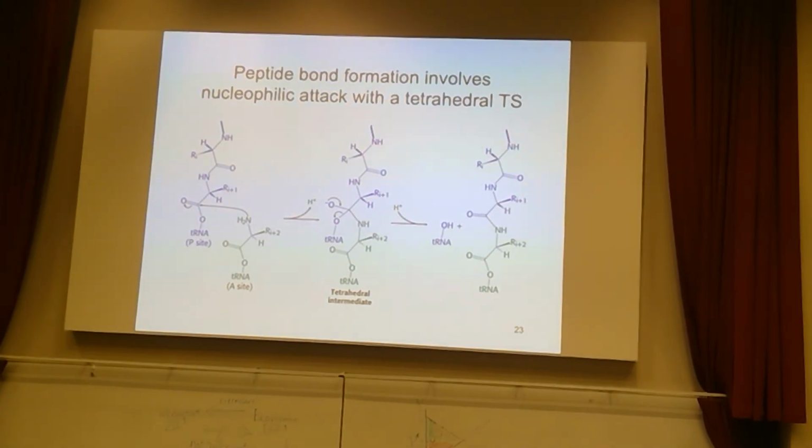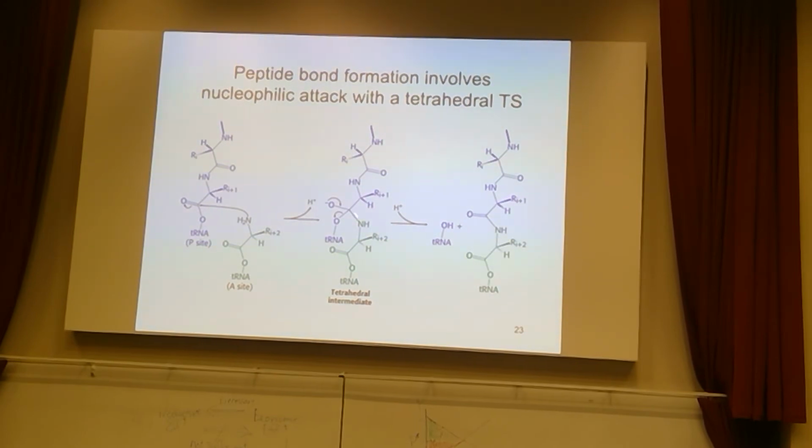And just because this is crucial, here's another picture of what's going on at that catalytic site. Here is our incoming nucleophile. Here is our growing polypeptide chain conjugated onto the terminus of the tRNA. We form this tetrahedral intermediate. How many times have we seen this?